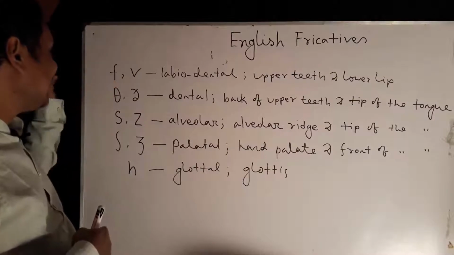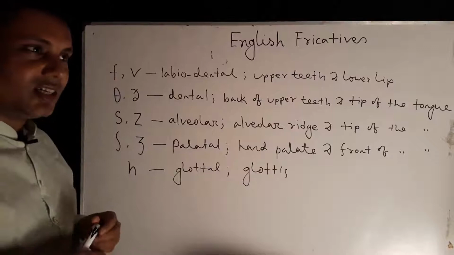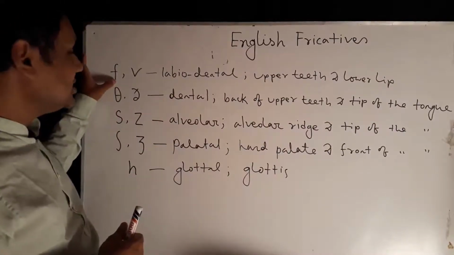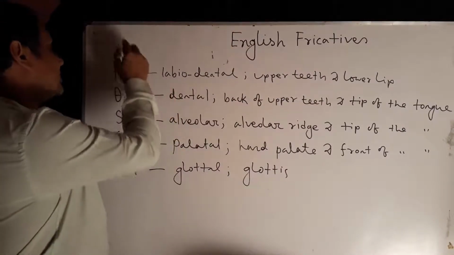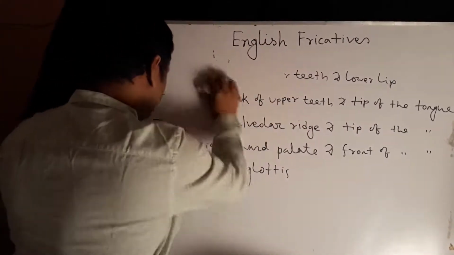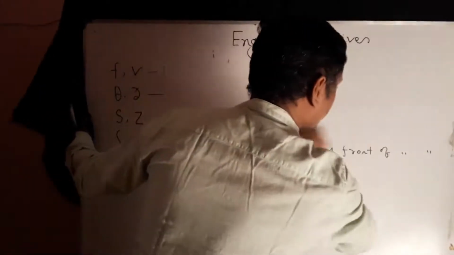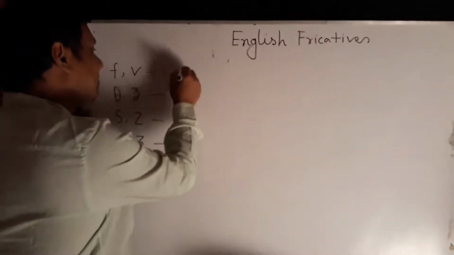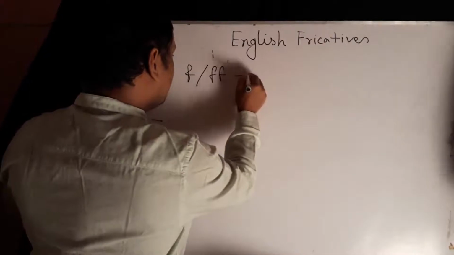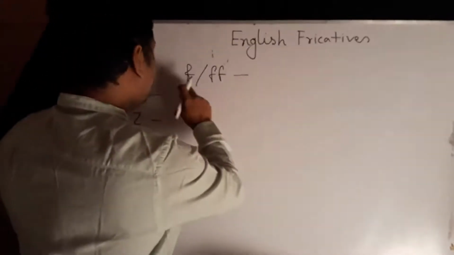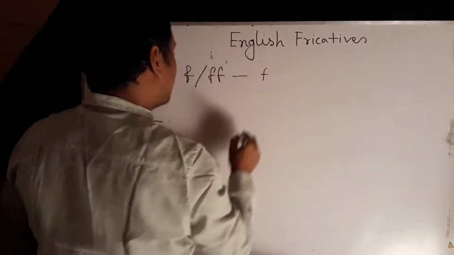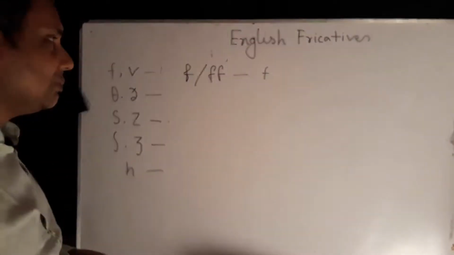In spelling, generally, though this doesn't happen always, if we see F or double F in English spelling, it should be pronounced as fa. For example, off, double F, off.